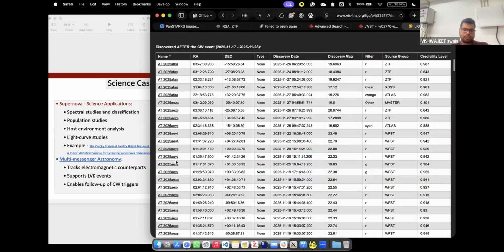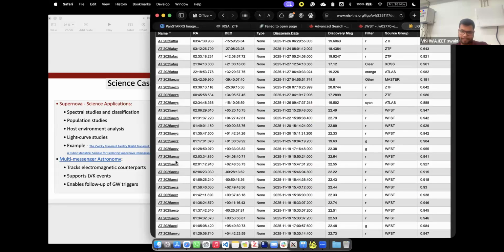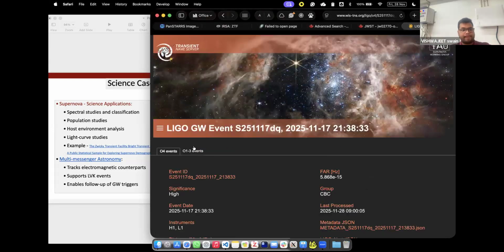So this is again a good archival source to do population studies and check if there is really some transient which can be associated with that GW event, and from other catalog services you can get all the images and check if it is associated with this particular event.